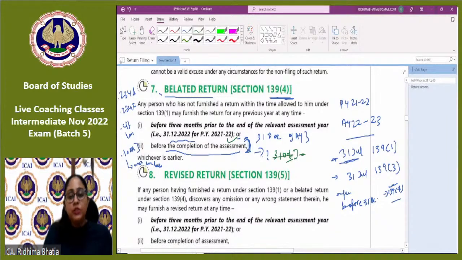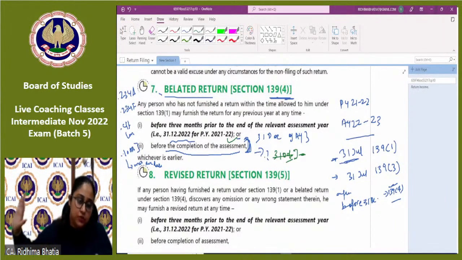So before completion of assessment का मतलब है कि income tax authorities के assess करने से पहले you have to file the return of income. If income tax authorities assess the income, passes the final order, that means that is final. You will not file your statement of income now. That is closed. The period has gone, the ship has sailed.